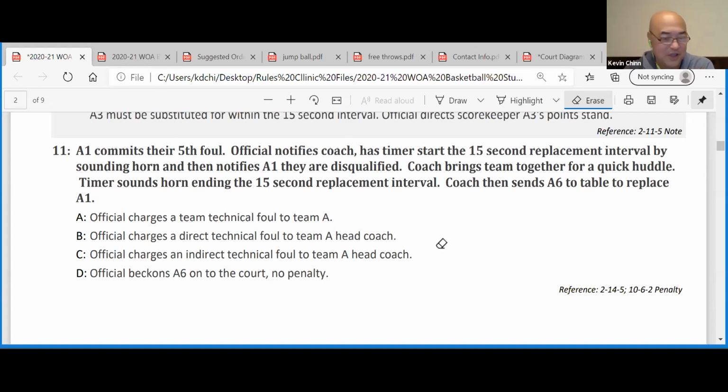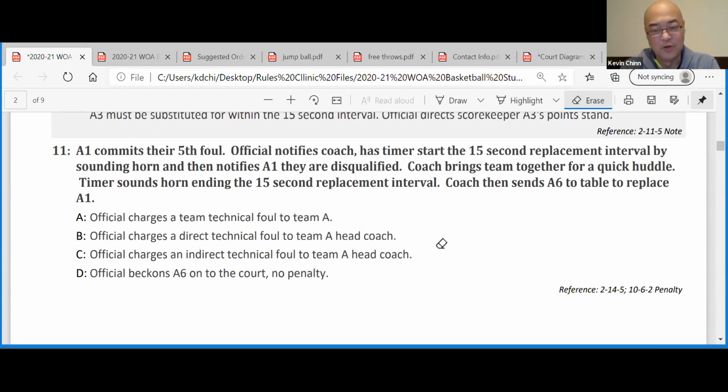Now here's where your common sense has to come in a little bit. If the coach is beckoning the player and he's got to take off his warm-up jersey and he's running to the table and he's 2 steps away and the horn goes off, common sense says I'm probably going to give him a little bit of slack because he's almost at the table. So you're really saying because they huddled, they were the ones wasting the time.